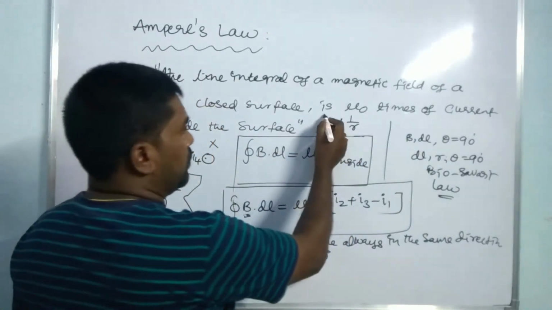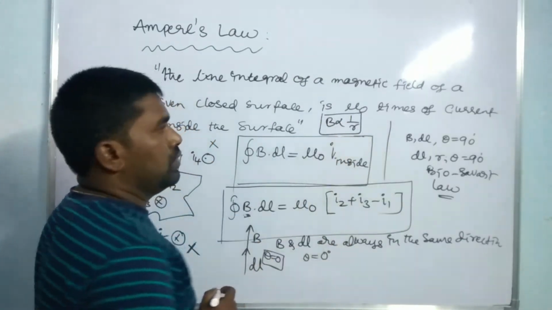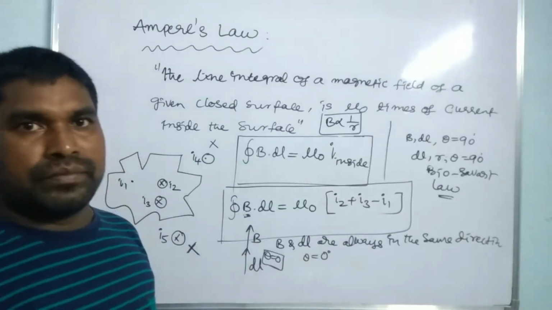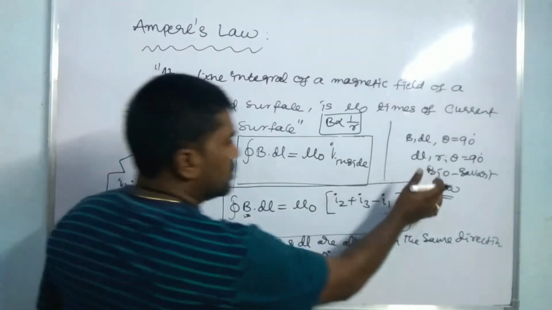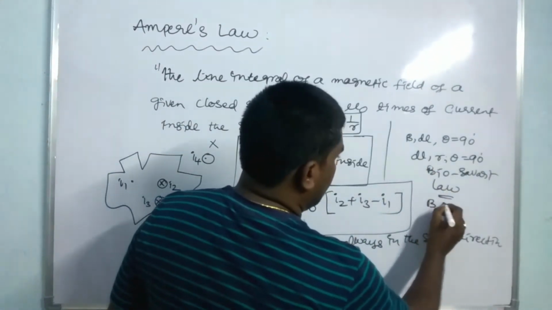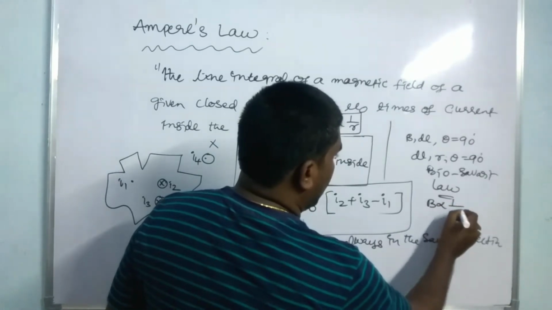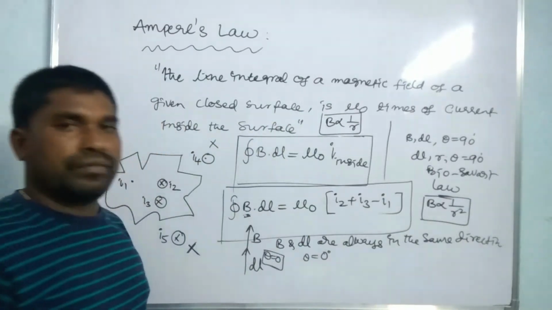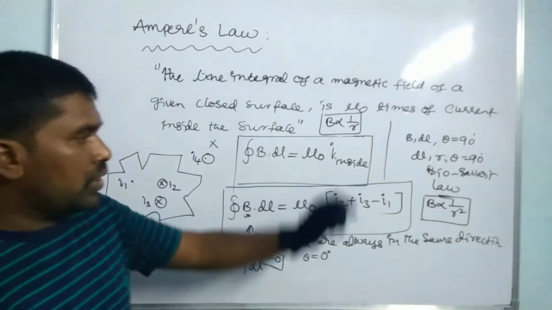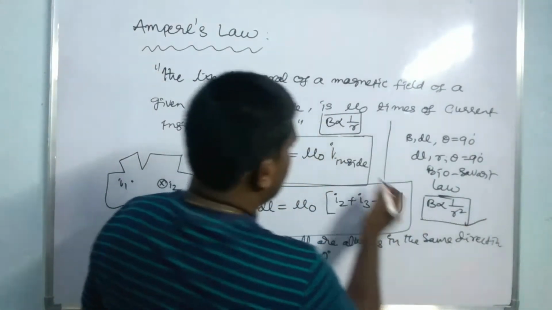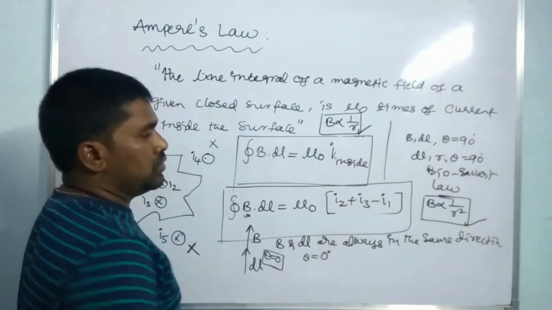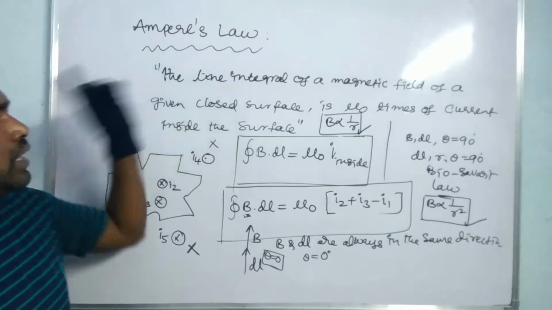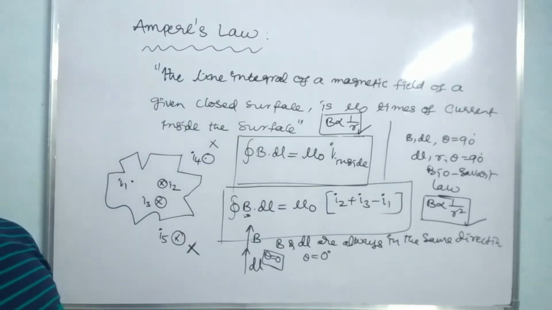But in case of Biot-Savart law, B is directly proportional to 1 by r square, or inversely proportional to r square. So these are the major differences between Ampere's law and Biot-Savart law.